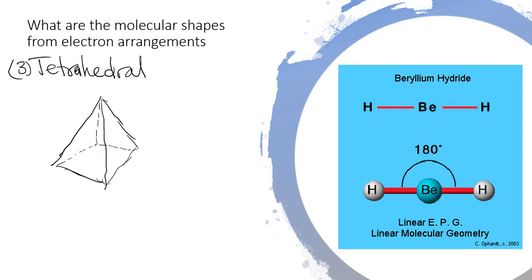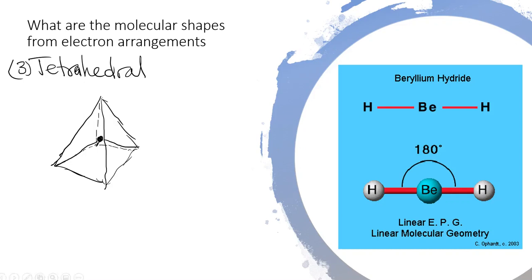So a tetrahedron is a four-sided pyramid. So in this four-sided pyramid, you can have a central atom in the middle of the pyramid. And then you have side atoms. One atom will go here. Another atom will go there. A third atom will go there.